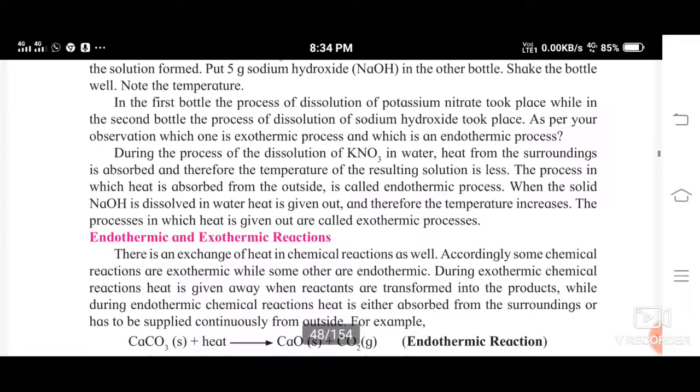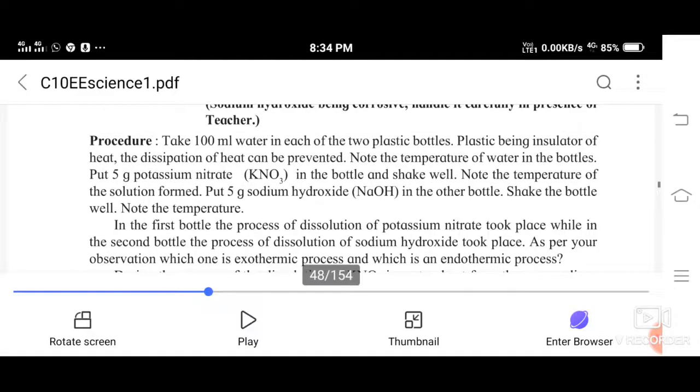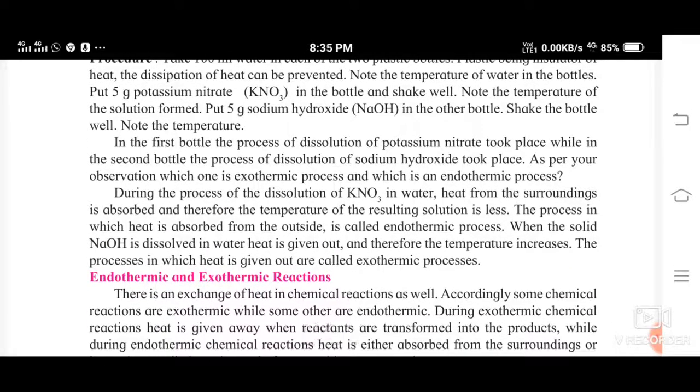In the first bottle, the dissolution of potassium nitrate took place, while in the second bottle, the dissolution of sodium hydroxide took place. As per your observation, which one is the exothermic process and which is the endothermic process? You noted the temperature before adding potassium nitrate and sodium hydroxide, so the temperature of water is the same in both plastic bottles.